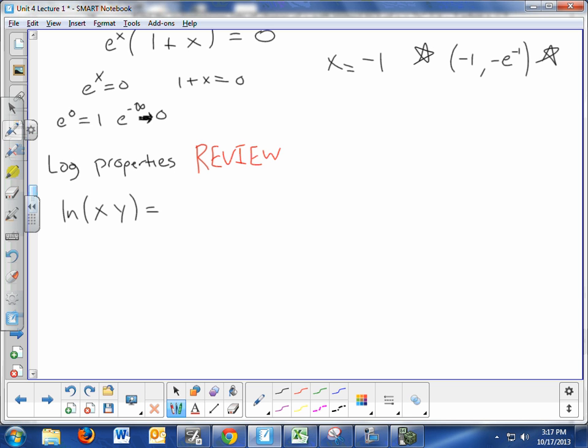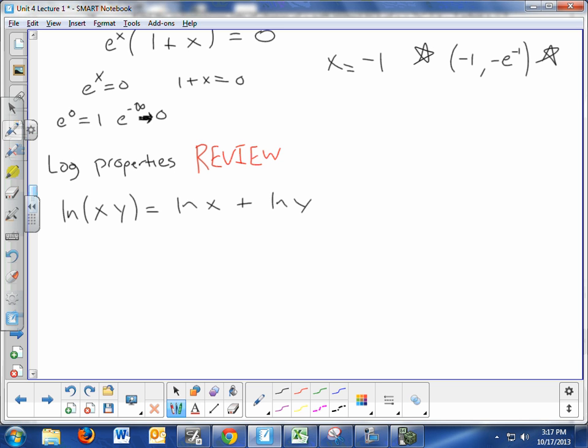You did this in pre-calc, you did this in algebra 2. The log, the natural log, or any log of x times y is equal to what? Did you say what in between, Mr. Shameen? Yep, that's correct. So you have two things being multiplied inside a logarithm. You could take the log of both of those individual things and add them together.